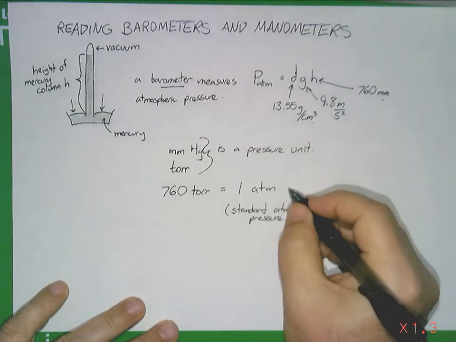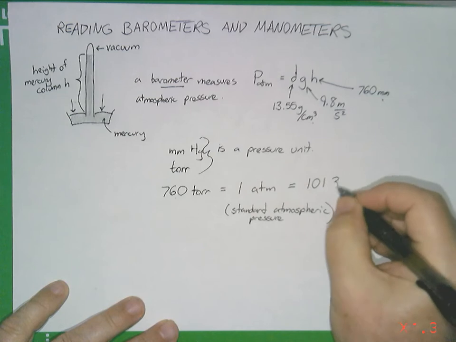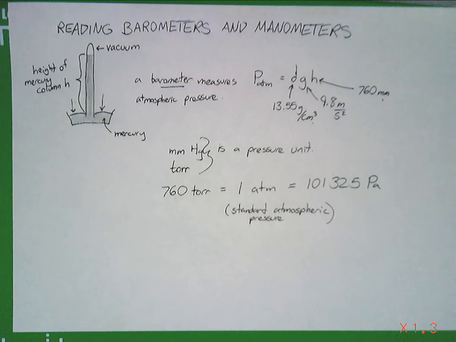And how does that relate to pascals? 101,325 pascals is an atmosphere. So I can do some unit conversions here depending on how I want to express my pressure. The worksheet has you doing this.